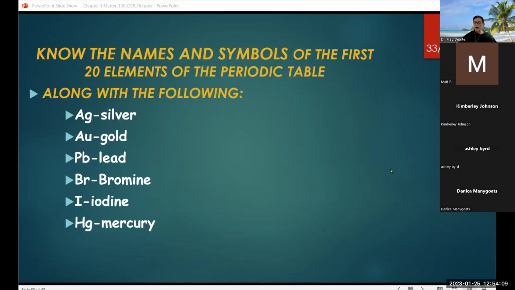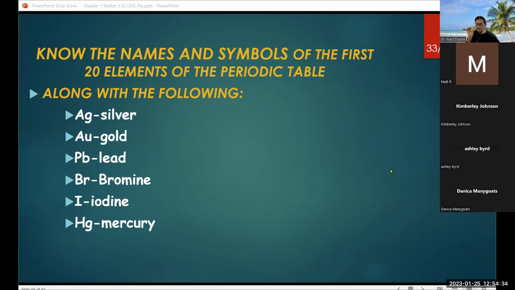Now, be familiar with the first 20, and I'll go through the first 20 here in a minute. But on top of that, be familiar with Ag, which is silver, and Au, which is gold. Those two get mixed up quite a bit, Ag and Au. Lead is Pb, and then Br is what we call bromine.